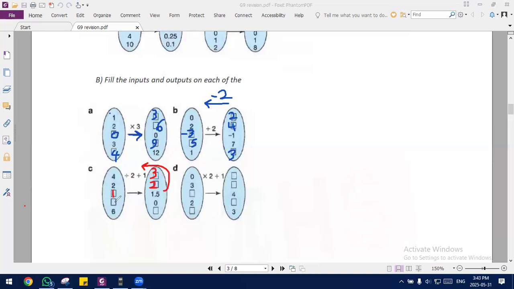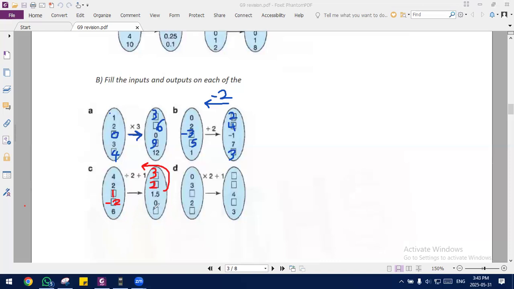Okay, next one. 0 minus 1 is minus 1. And then minus 1 multiplied by 2 is minus 2. Excellent. Then 6 divided by 2 is 3.